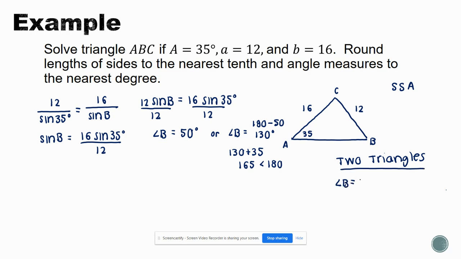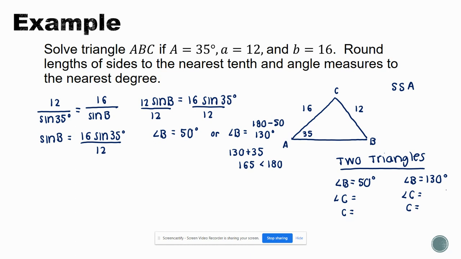So angle B is going to be 50, but in our second triangle, angle B can also be 130 degrees, which means we're going to have two angles for B, and we're also going to have two angles for C, which means that there will also be two different side lengths for C as well.